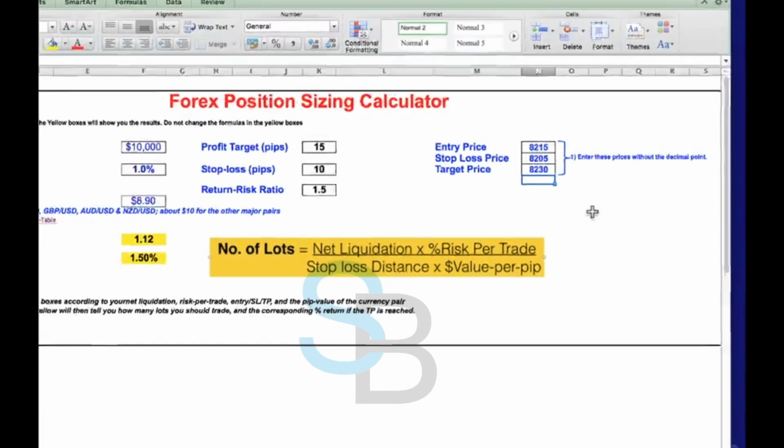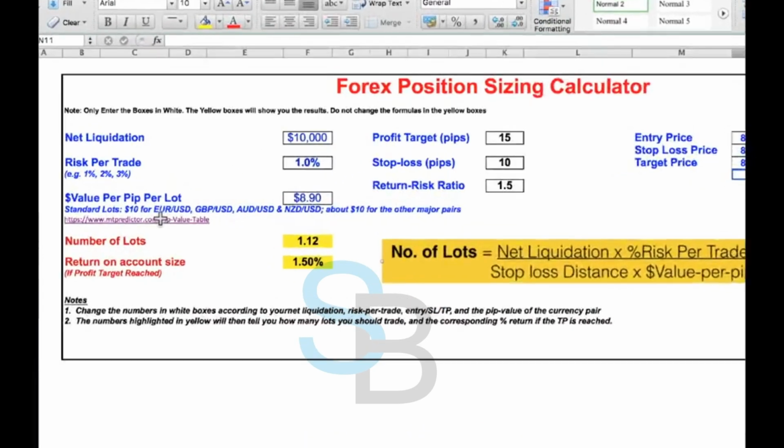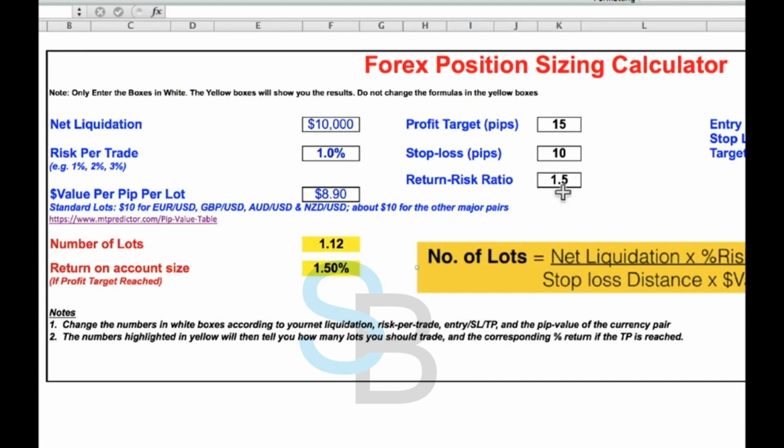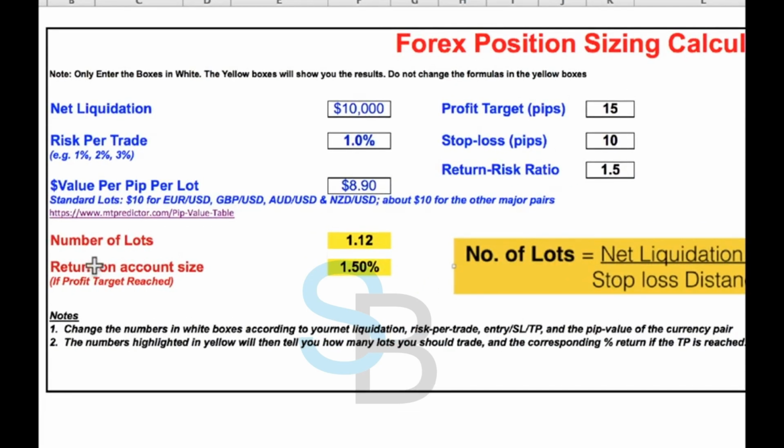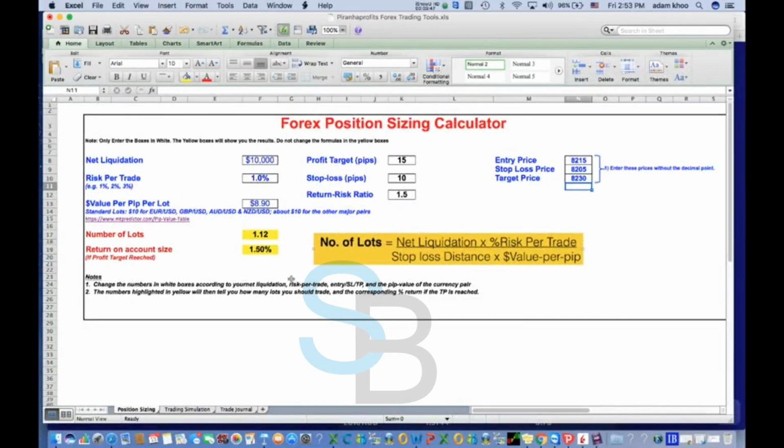Okay, so straight away you can see that the risk to return ratio is 1:1.5. You're risking 10 pips to make 15 pips, and number of lots would be 1.12, right? So what you want to see is this figure, how many lots to trade, 1.12, okay, based on this formula. So you can use this position sizing calculator.